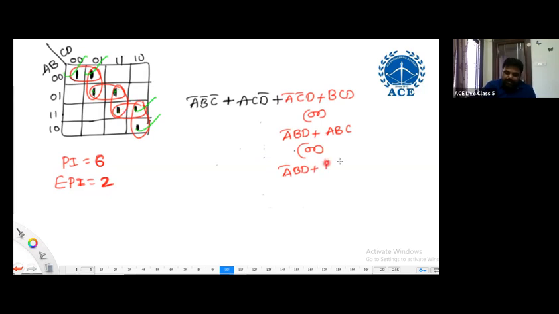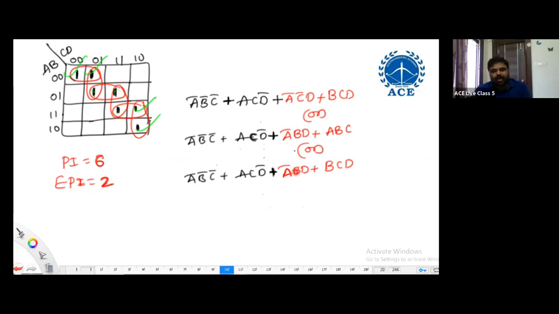B, C, D. So we are getting 3 minimal expressions. 1, then 2, then 3.